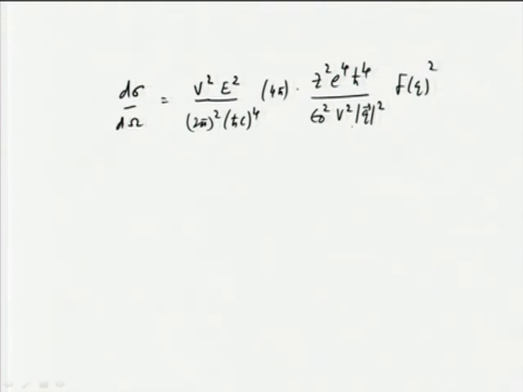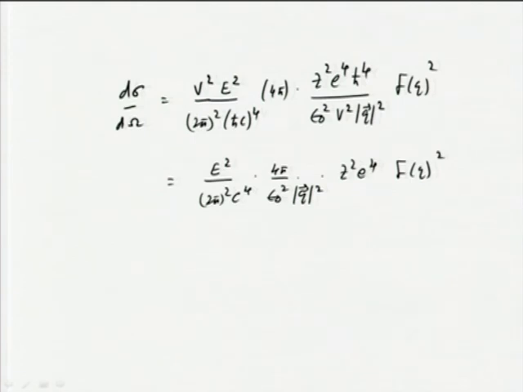V factor cancels out, h to the power 4 cancels out, there are all these factors which will cancel out. So, you essentially have this as e square over 4 pi epsilon 0 square, q square, and Z square e^4, |F(q)|^2.